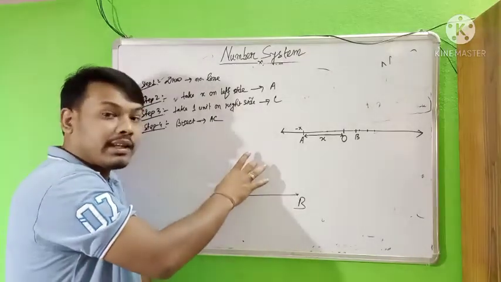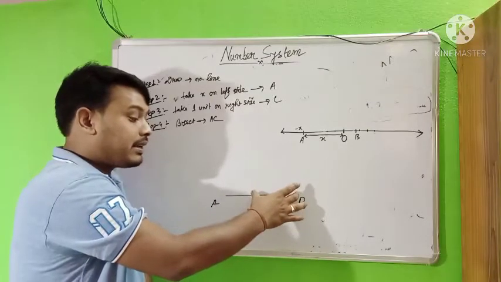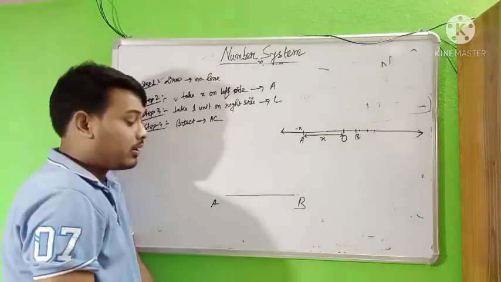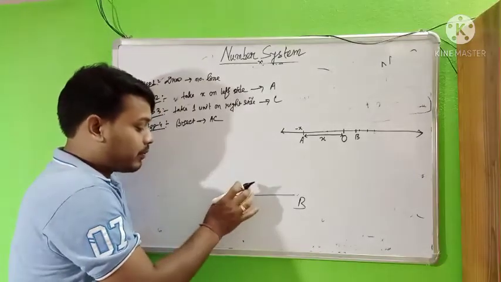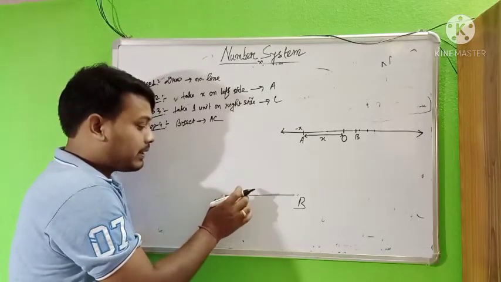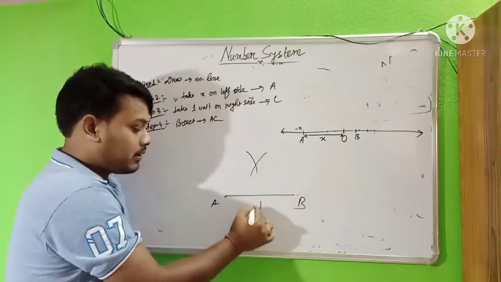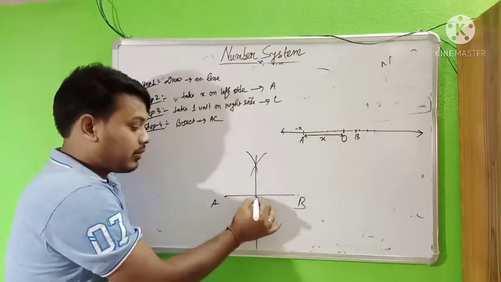Then we take arcs with the same length from B also. If we join these, we get the midpoint.